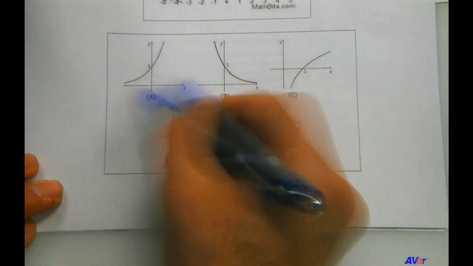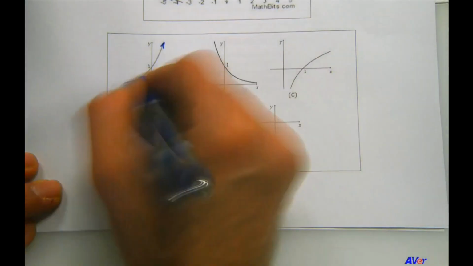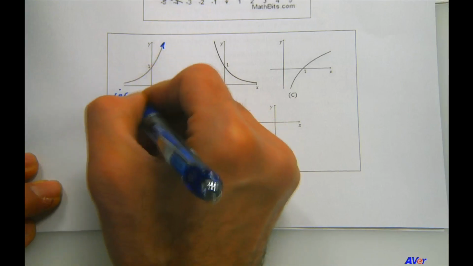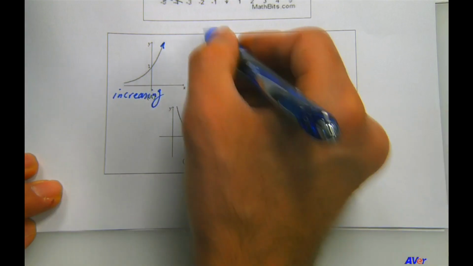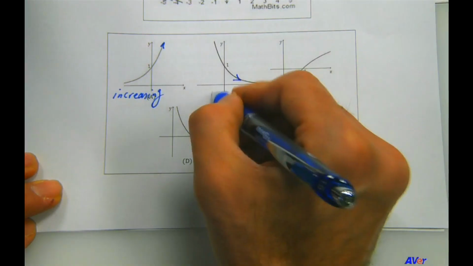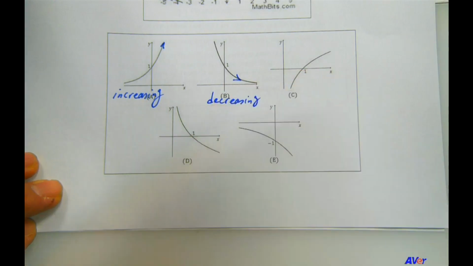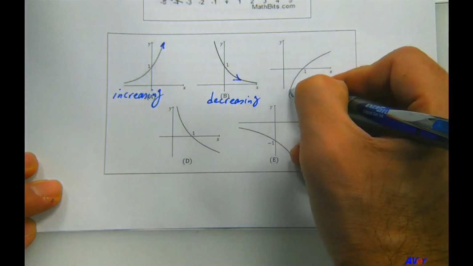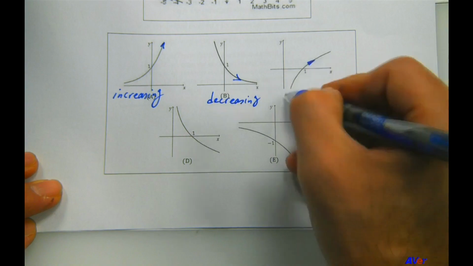So for graph A, I'm assuming you've already done that, and now you're back. For graph A, it's increasing from left to right. So this is increasing. This one, from left to right, it is declining. So this is a decreasing exponential function. This one, it's increasing from left to right. It's increasing.